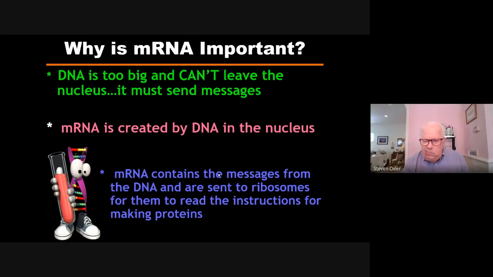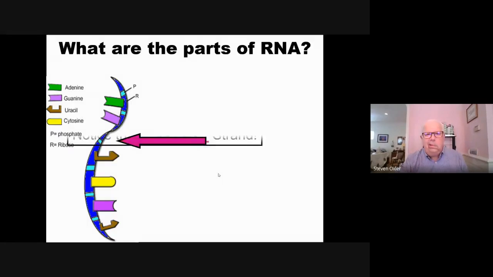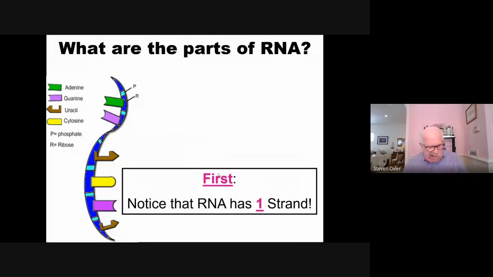mRNA does not look like DNA, and we're going to talk about the difference. So let's talk about RNA. Notice, RNA only has one strand. It doesn't have two.